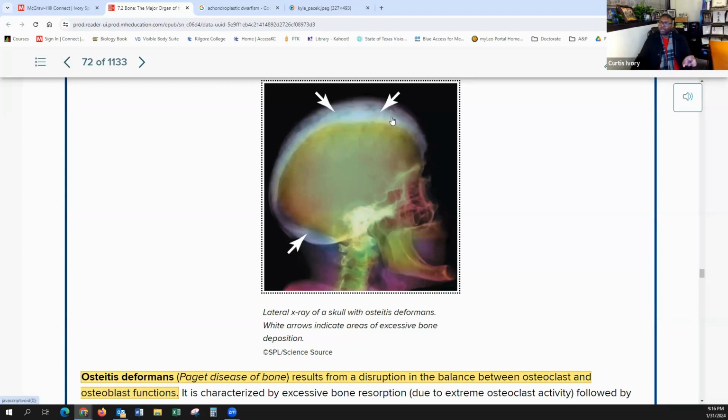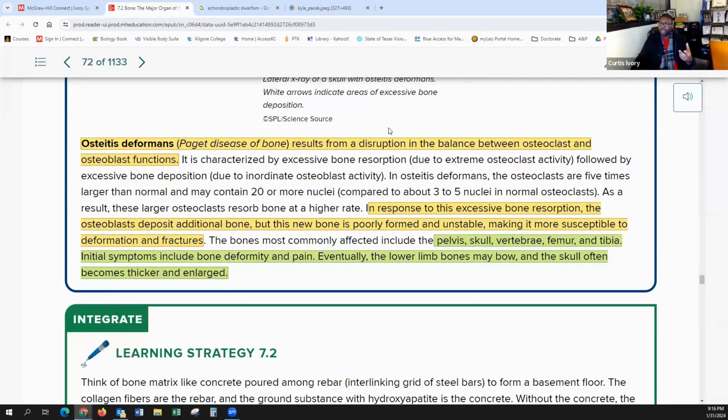Once we have too much osteoblast activity, it's putting way too much bone on top of the bone. So our bones are supposed to be this thin, and then it gets this big. That can be an issue, especially depending on what age you're at. If you're still growing, developing, that could be a serious issue. So this can happen in the pelvis, the skull, your back, your femur, your tibia, or your legs. And sometimes this can cause your legs to start to bow out like you're bow-legged.